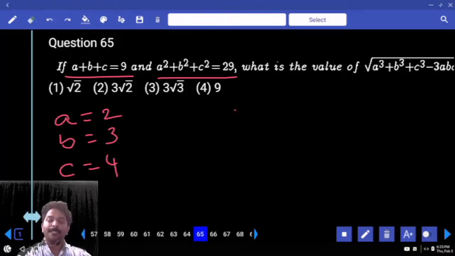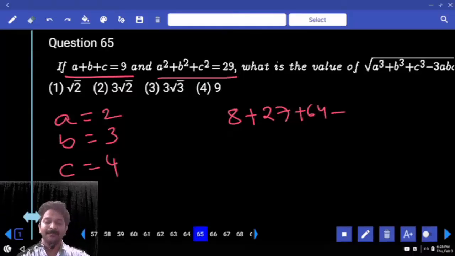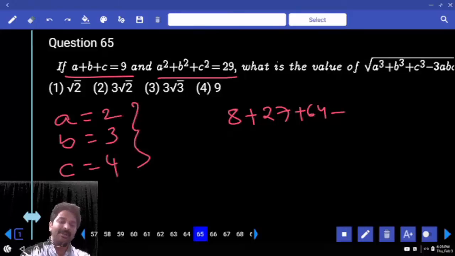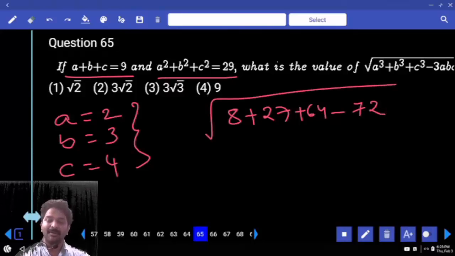A cube, B cube, C cube, minus 3ABC. A into B into C is 24. 3 times 24 is 72, under root value. 8 plus 27 is 35. 35 plus 64 is 99. 99 minus 72.